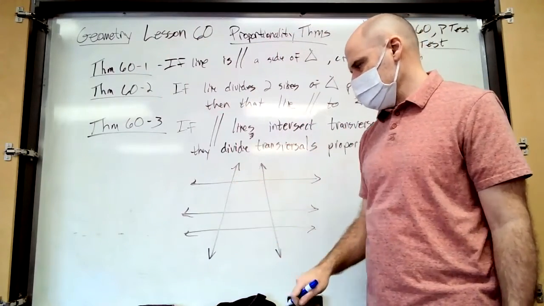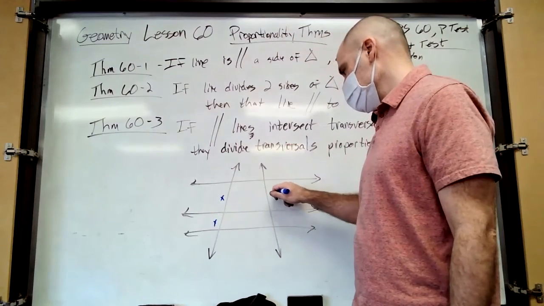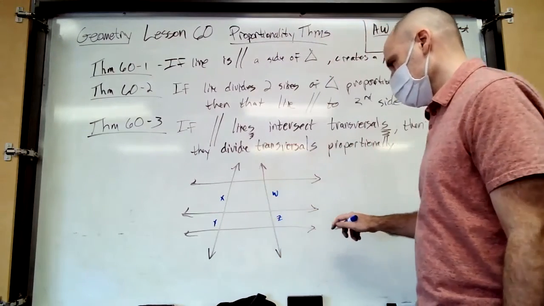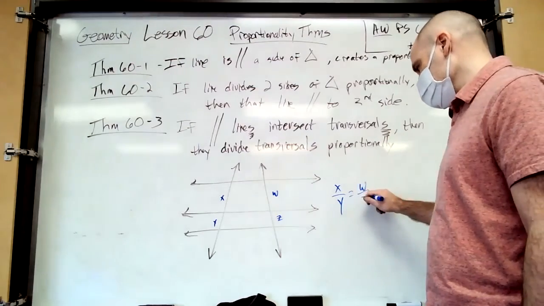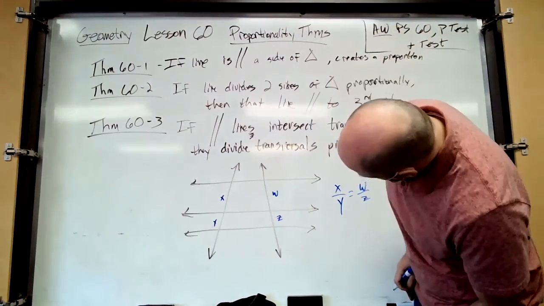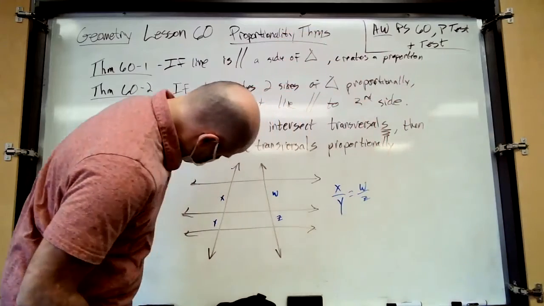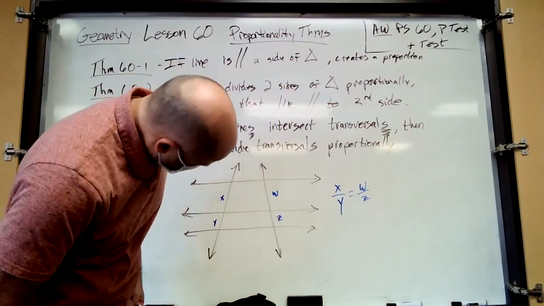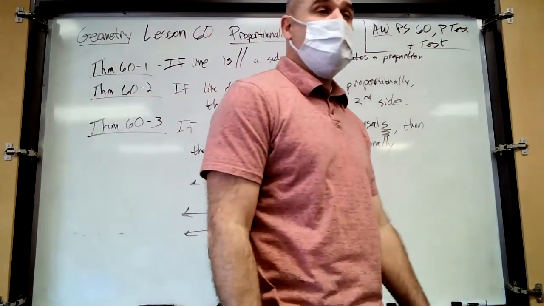So if I said this is X, this is Y, this is W, and this is Z, then X is to Y as W is to Z. Or Y is to Z as X is to W. Or Y is to X as Z is to W. Or Z is to W as Y is to X, right?